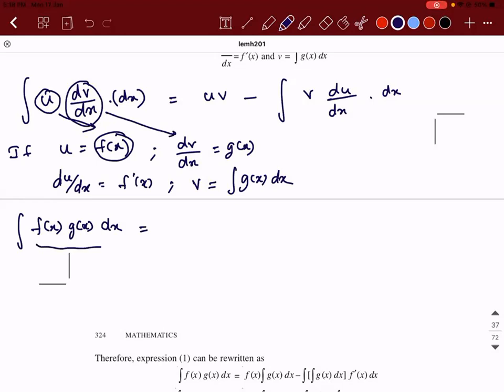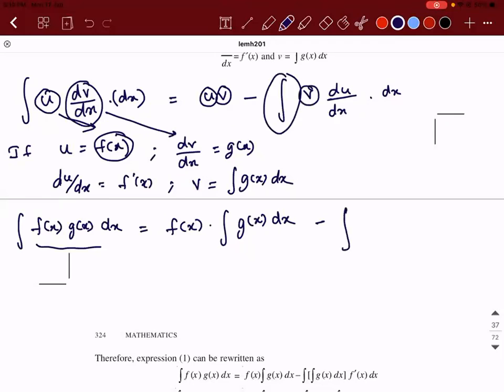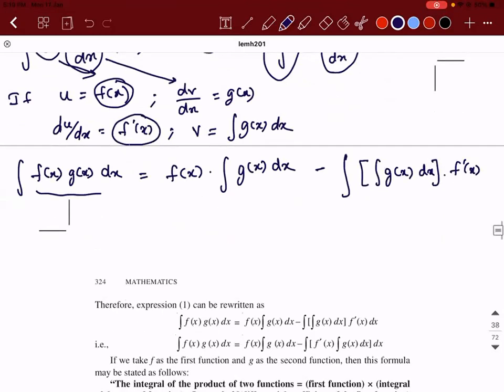It is equal to u, which is f of x, into v, which is integral of g of x dx, minus integral of, this integral is already in the formula, what is v again? Integral of g of x dx, into what is du by dx? f dash of x, f dash of x into dx.